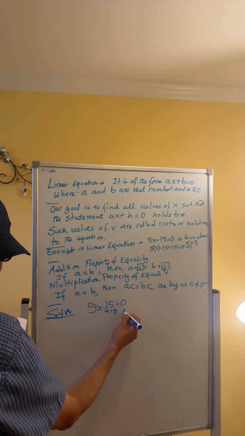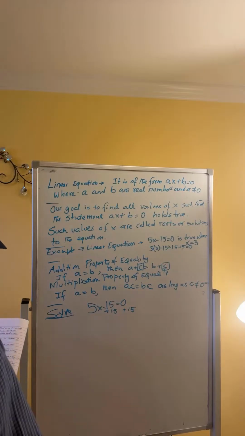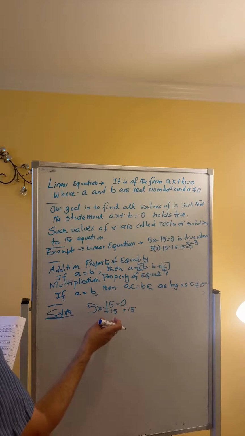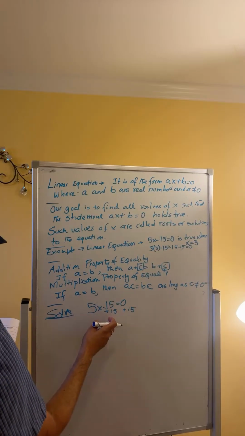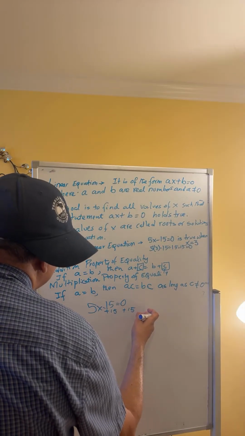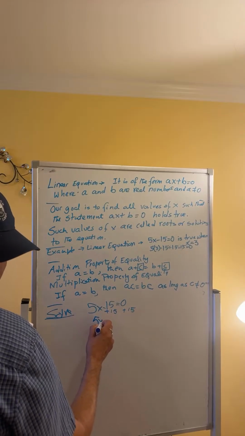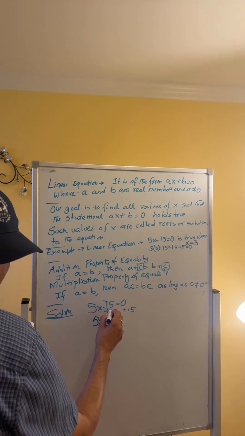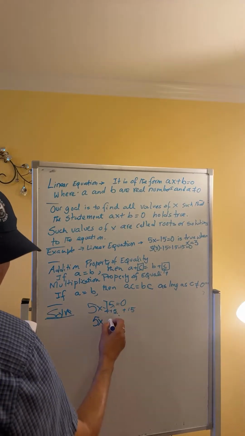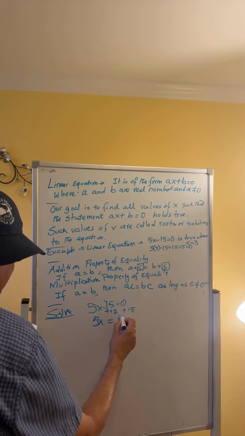That's the only way we will be able to separate the variable term 5x from the constant 15. We do the opposite operation. This is minus, the opposite of minus is plus 15. When you add 15 on one side of the equal sign, you have to do the same thing on the other side. Now on the left hand side, the minus 15 will cancel with the plus 15, so you're left with 5x. 0 plus 15 on the right hand side is 15.